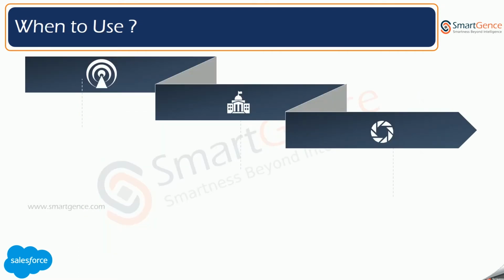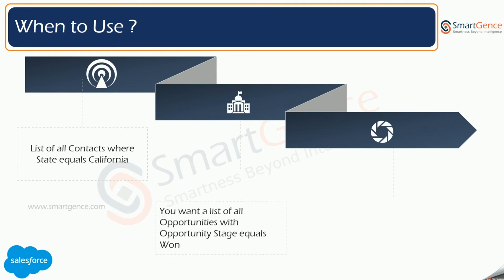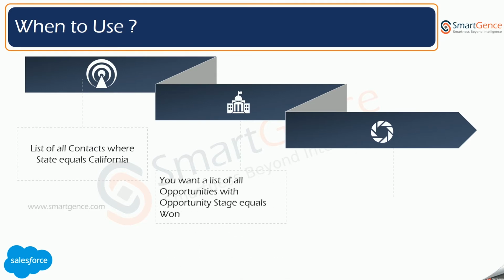So when and where is this list view used? For example, let's say you want a list of all the contacts where the contact state, state is a field in contact, right, is equal to California. Similarly, if you want a list of all the opportunities where the opportunity stage field is equal to 1.